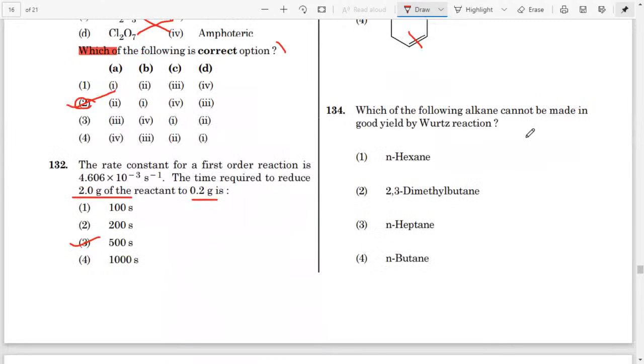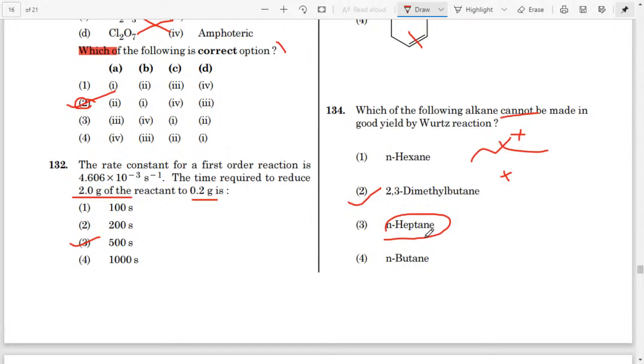Next, which of the following alkanes cannot be made in good yield by Wurtz reaction? 2,3-dimethylbutane, n-hexane, n-heptane and n-butane. N-heptane, students. So n-hexane, if I take 2 moles of the halide and use sodium, it is going to give 2 sodium chloride and hexane, right? It is 2,3-dimethylbutane, okay.